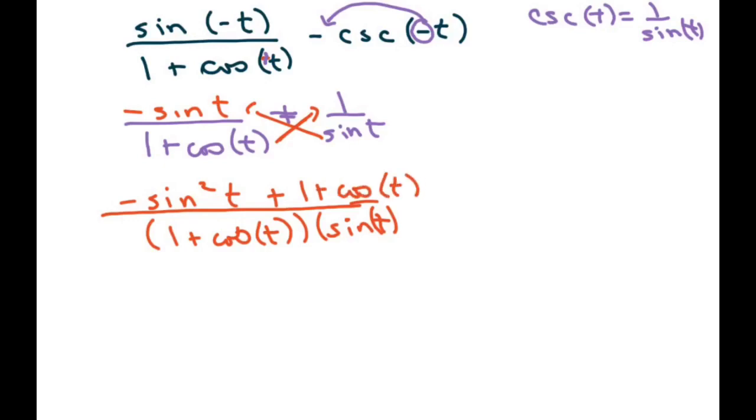Now, when you sit here and you're looking at this, there's not much more you can do. And it doesn't look simplified. The only thing I can do to simplify this more is deal with this sine squared. So in here, I'm going to just work with the numerator. I'm going to write my sine squared as 1 minus cosine squared through my Pythagorean identities.